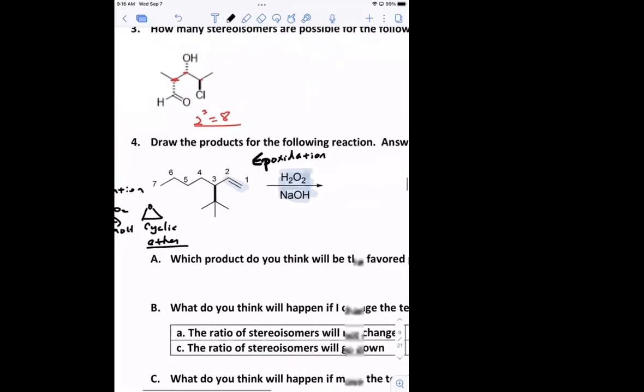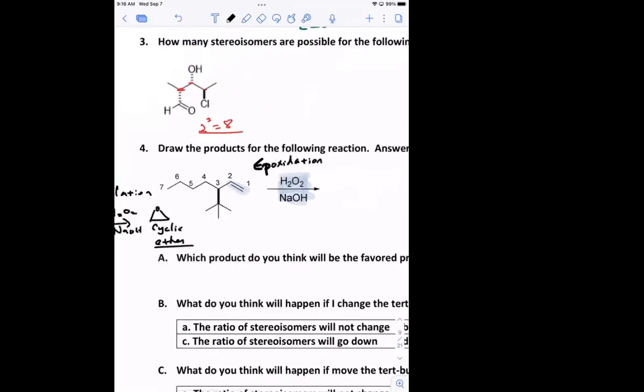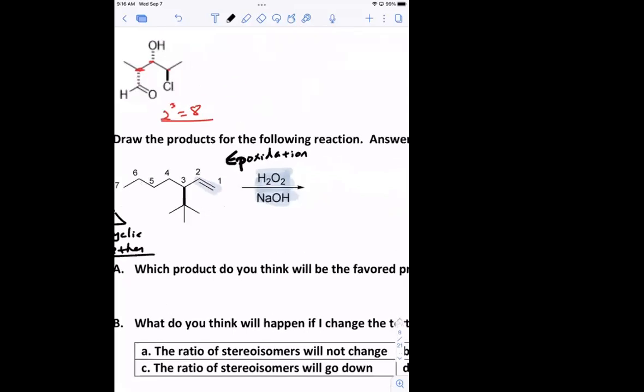So if I have this alkene and I've got that pre-existing stereocenter right next to it, and I'm reacting it with hydrogen peroxide, what is that epoxide going to look like? Because the oxygen at carbon 2 is definitely going to be chiral. So what would it look like?